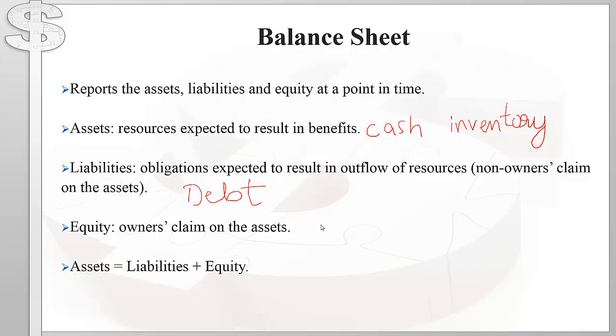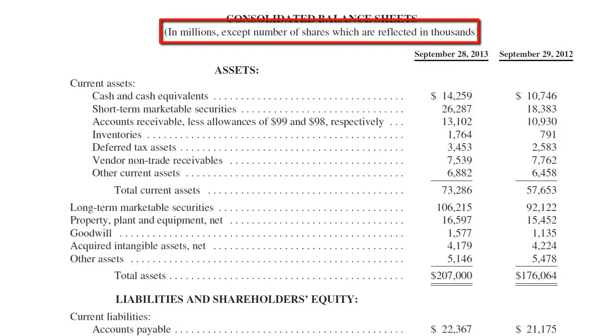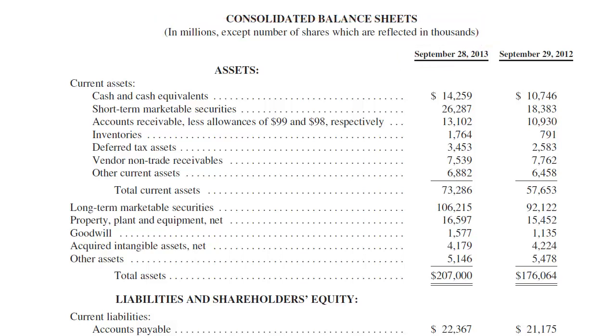Now let's look at the balance sheet of Apple Corporation to see how companies report this information in practice. Here's the balance sheet for Apple Corporation as of September 28, 2013. All the figures in this balance sheet are in millions, except for the number of shares, which are in thousands.